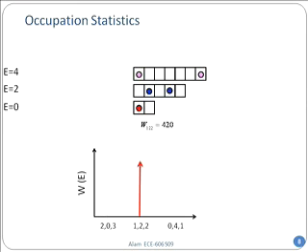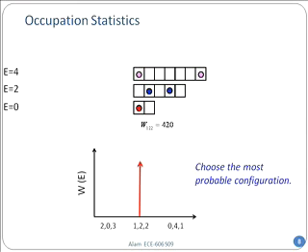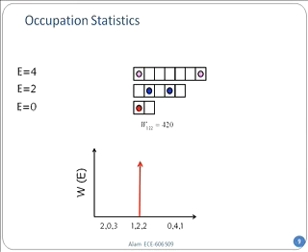So this is the most probable distribution, and from this most probable distribution, I can calculate what is the most probable occupation per energy. For example, you see, in the most probable distribution, I had 1 in the red out of 2 states.